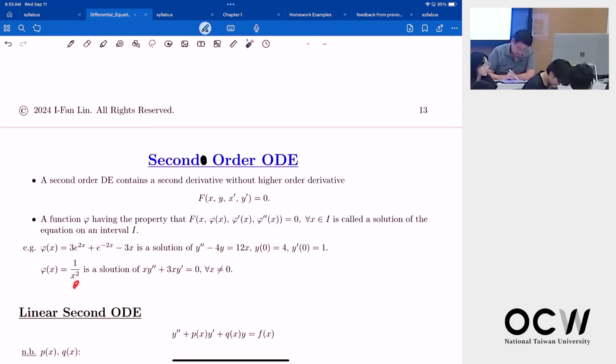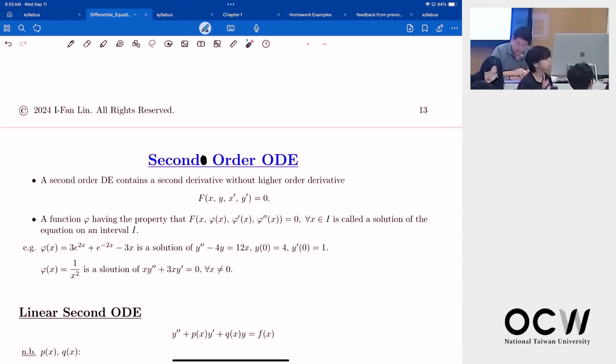This is a solution for this differential equation, xy double prime plus 3xy prime equals 0. You can verify it. We will say this solution is phi. Okay. Within there's no initial conditions, but yeah, this satisfies this homogeneous second order differential equation.